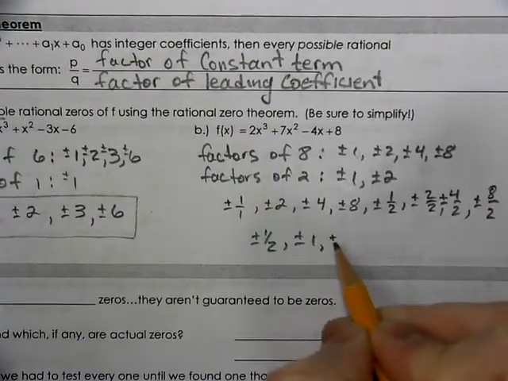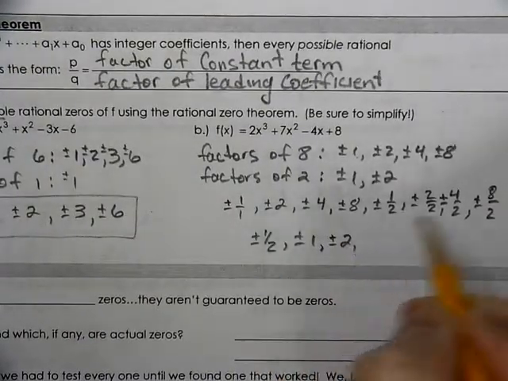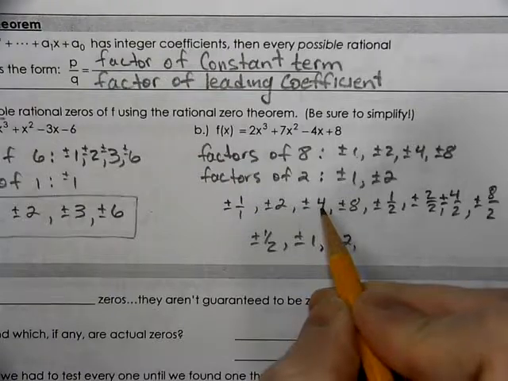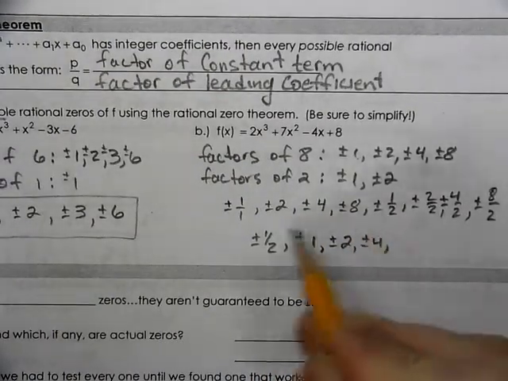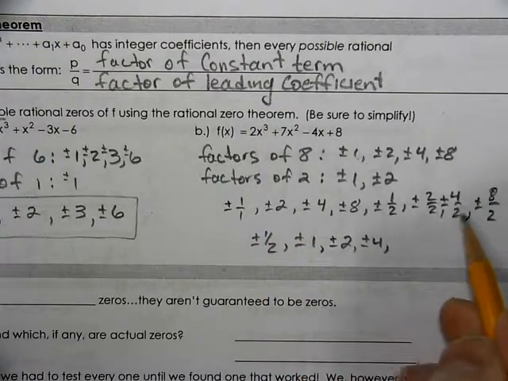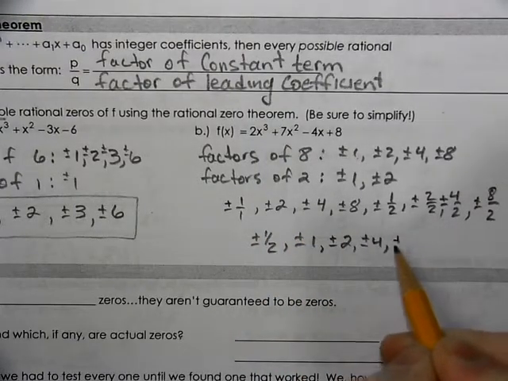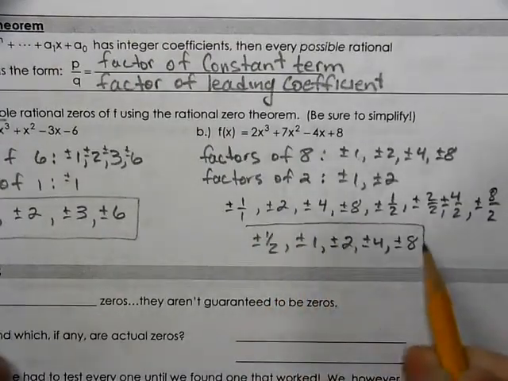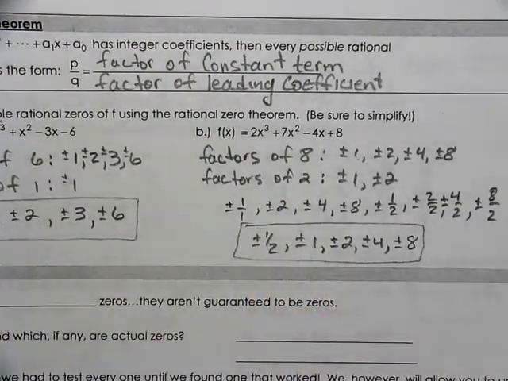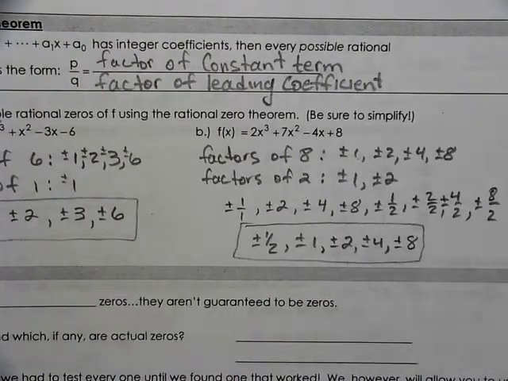So we have plus or minus 2, and then plus or minus 4, and it looks like our last option would be plus or minus 8. That would be your simplified list of possible zeros to try. You would take those, you would plug them into synthetic division, and you would see which one of those gives you a remainder of 0.